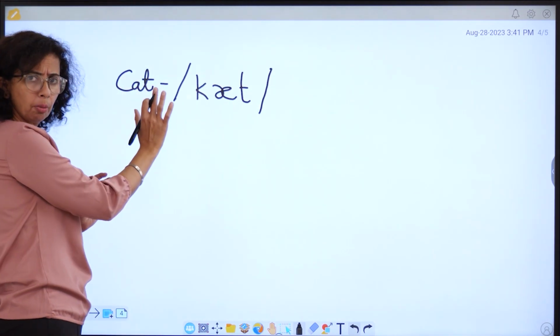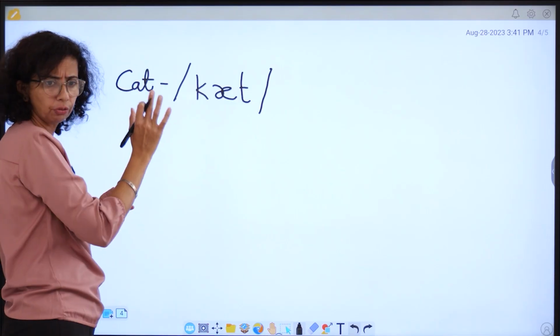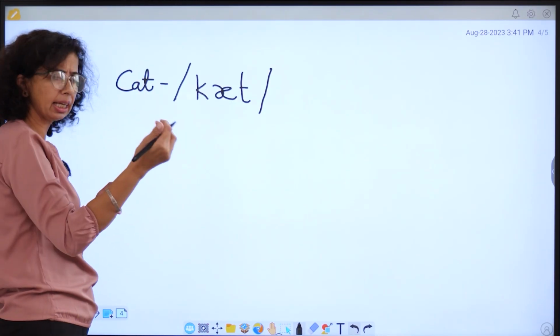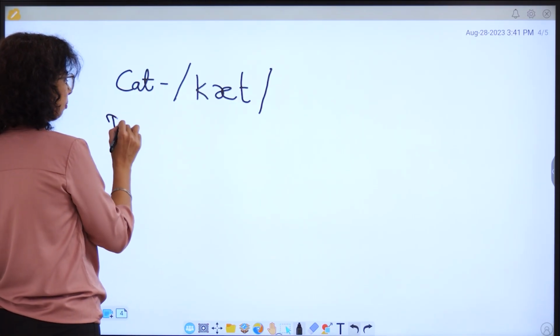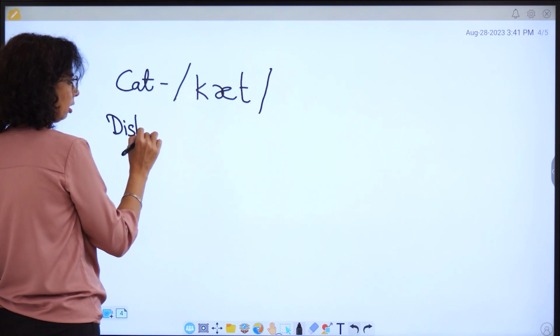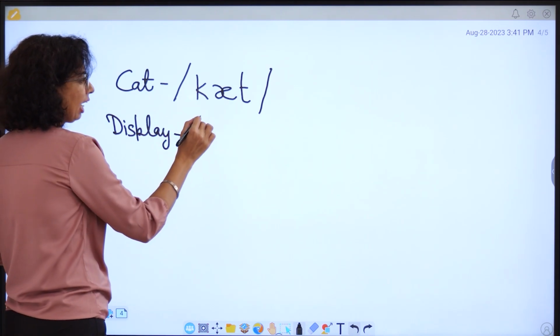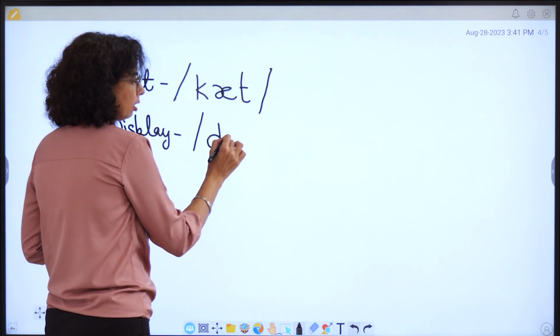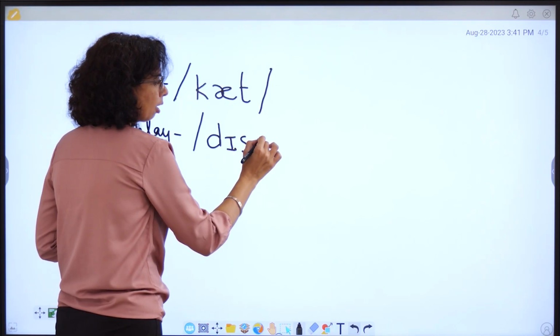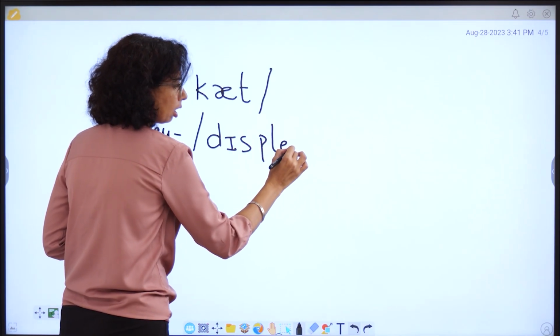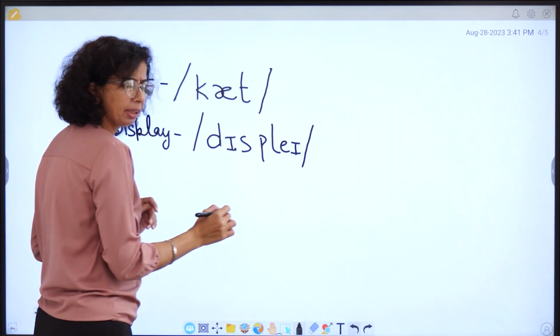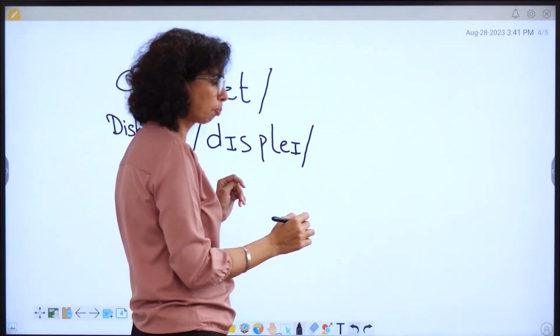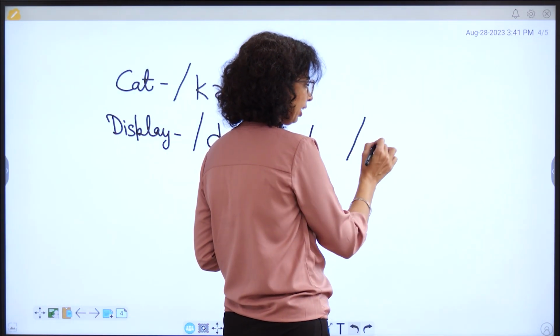This is a monosyllabic word. Let's take the second word, for bisyllabic. If I take the word display, I'll write it phonetically, and for the syllabic division of this word, we need to bring a classification by writing in this manner.